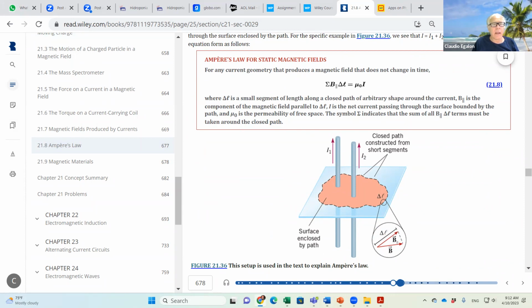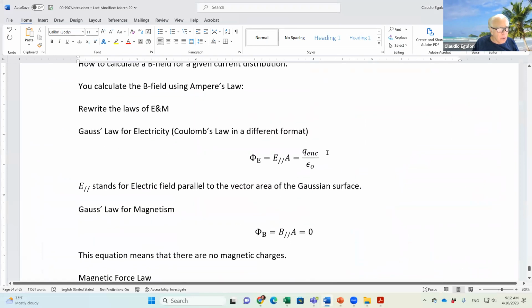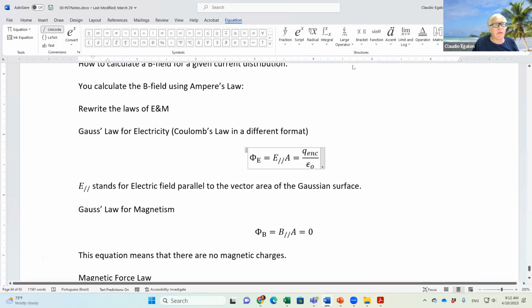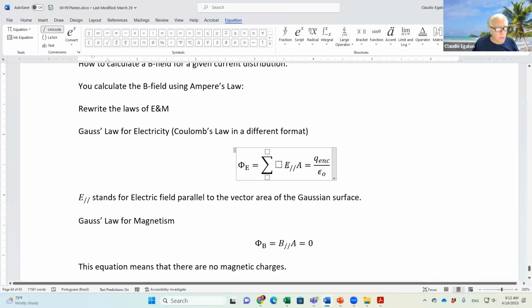Let's see here. It should be a summation here too, just like we have a summation there. So summation of all.